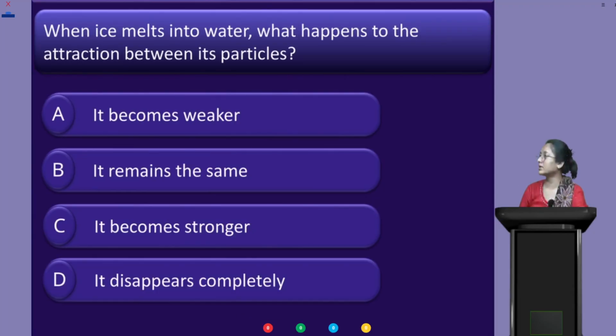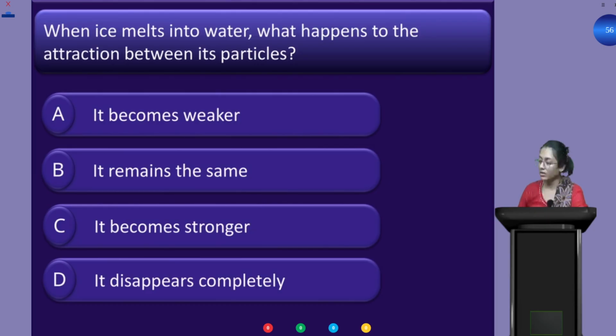Here comes our next question. Let's see what the question is. When ice melts into water, what happens to the attraction between its particles? Four options: Option A, it becomes weaker. Option B, it remains the same. Option C, it becomes stronger. Option D, it disappears completely. I have started the timer. Try to answer, everyone.